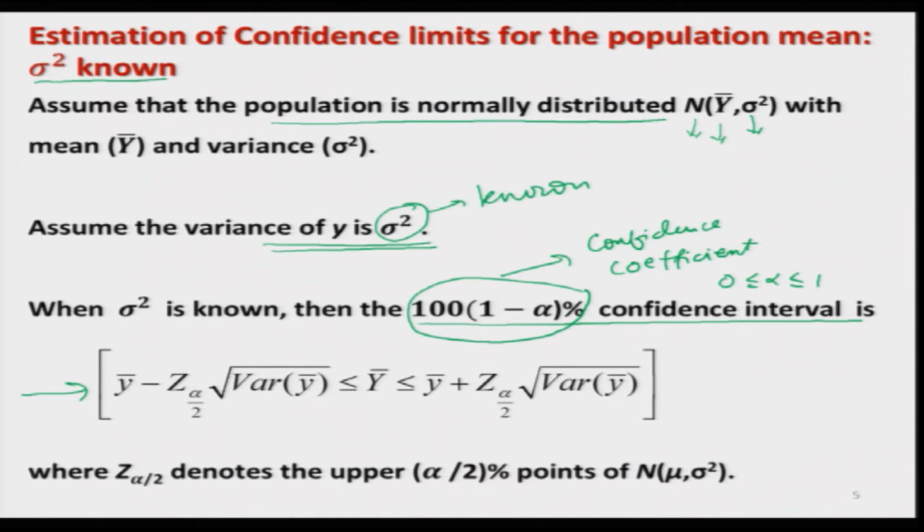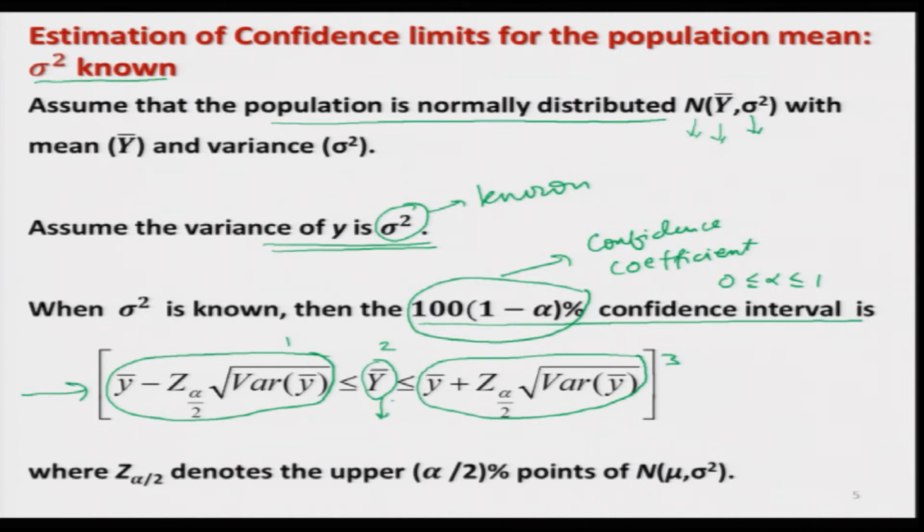Now, here there are three quantities, say quantity number 1, quantity number 2 and quantity number 3. What are these things? Let me explain one by one. First I come to quantity number 2, which is your capital Y bar. This is the parameter which you want to estimate, for which you want to find the confidence interval. The confidence interval is the interval comprising a lower limit and an upper limit.